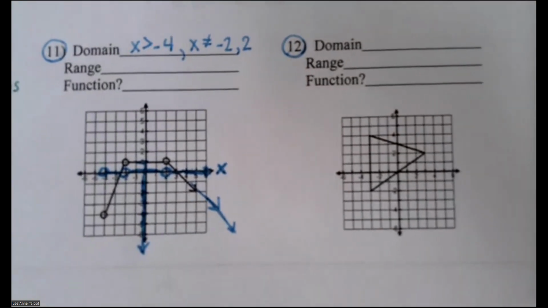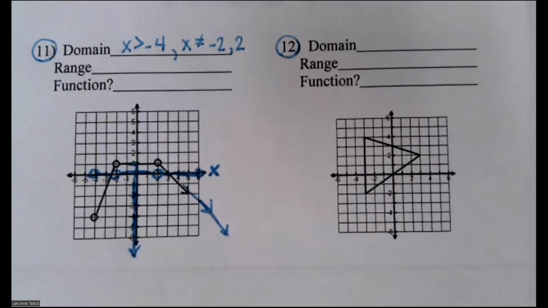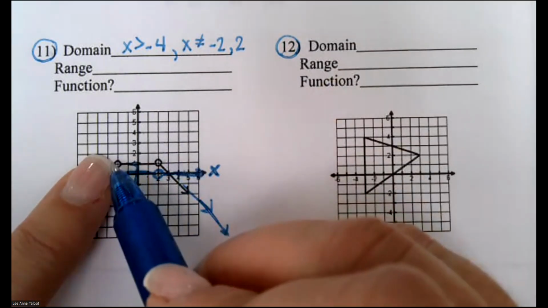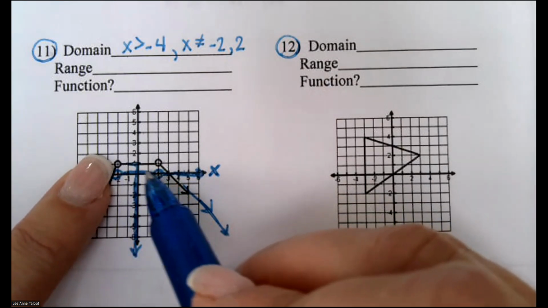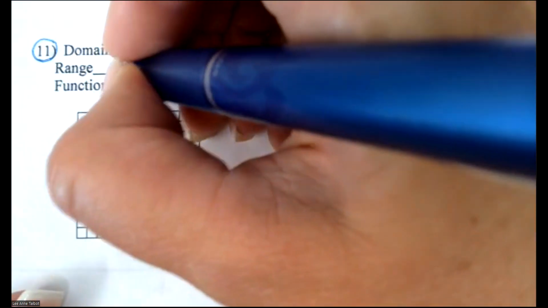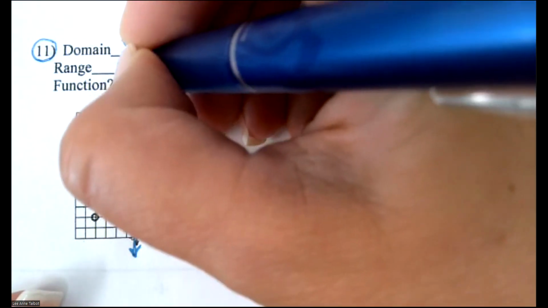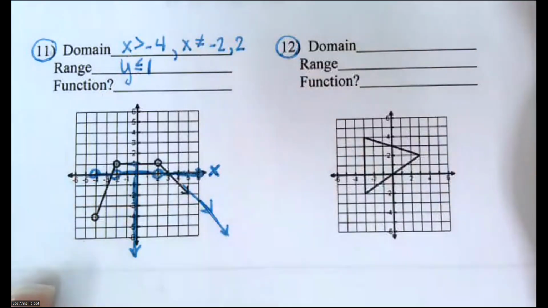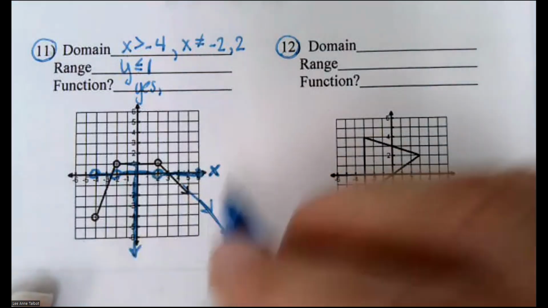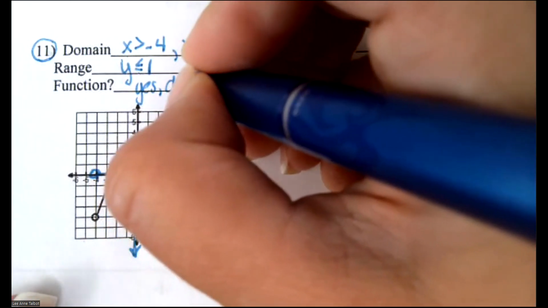A really hard question. It's okay if you're not sure. It's closed. Okay, it's open in these 2 spots, but it's closed all along here where that line is. So it's Y is less than or equal to 1. Is it a function? Yes, but it is discontinuous because of these holes.